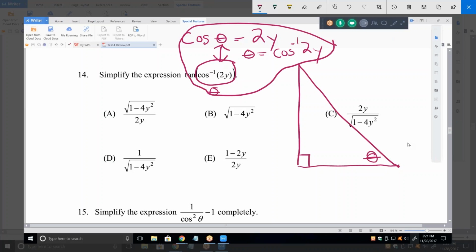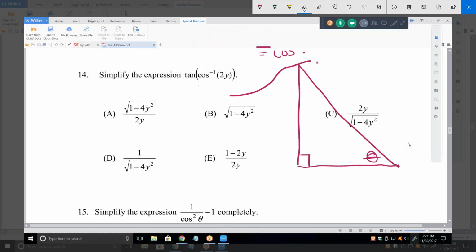If the cosine of theta, right here, is equal to 2y, tell me what this triangle dimensions at. Need that to be a ratio. So it'd be y over 2.